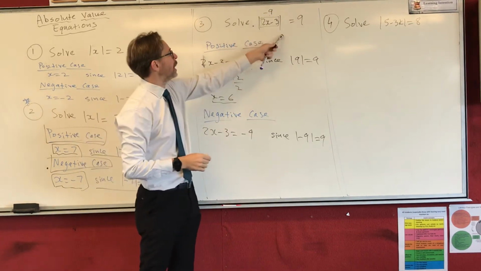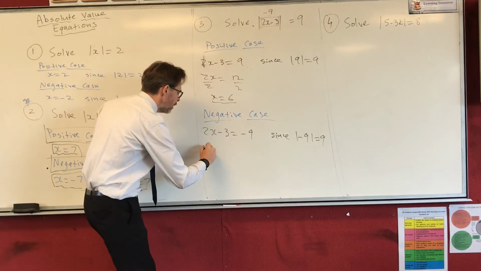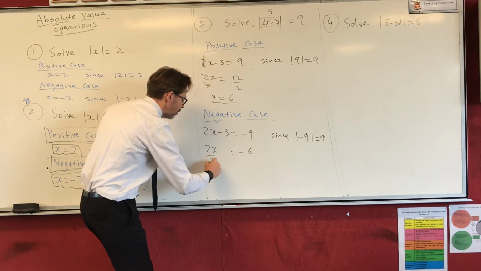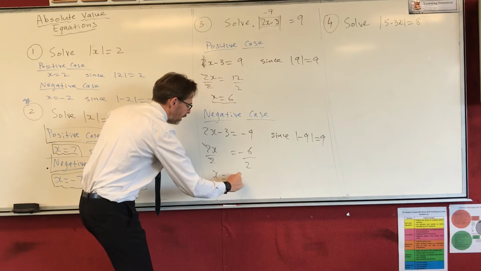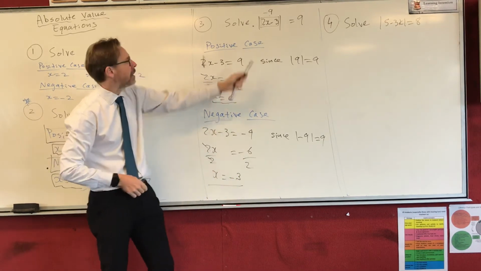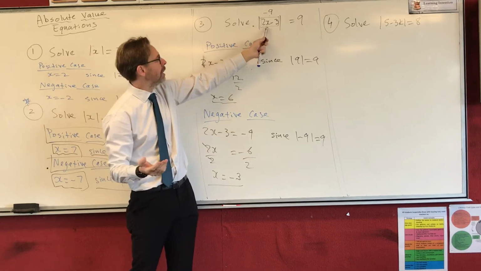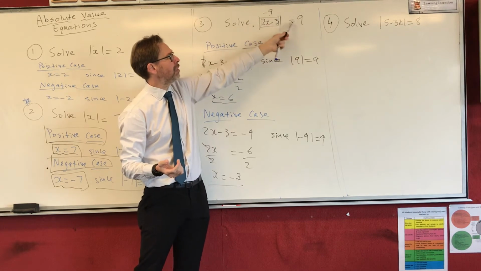Because the absolute value of -9 is 9. Solve that equation. So you're going to get 2x, add 3 to both sides, -6, divide by 2, divide by 2, cancel, cancel. x equals -3. Check your answer. 2 times -3 is -6. -6 take 3 is -9. And the absolute value of -9 is 9.